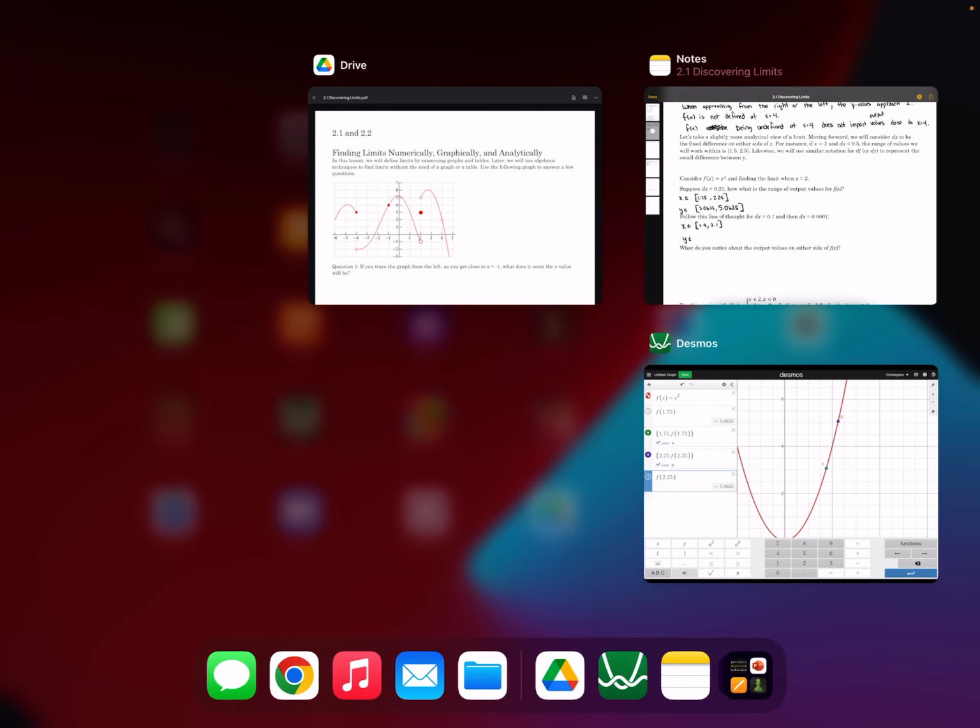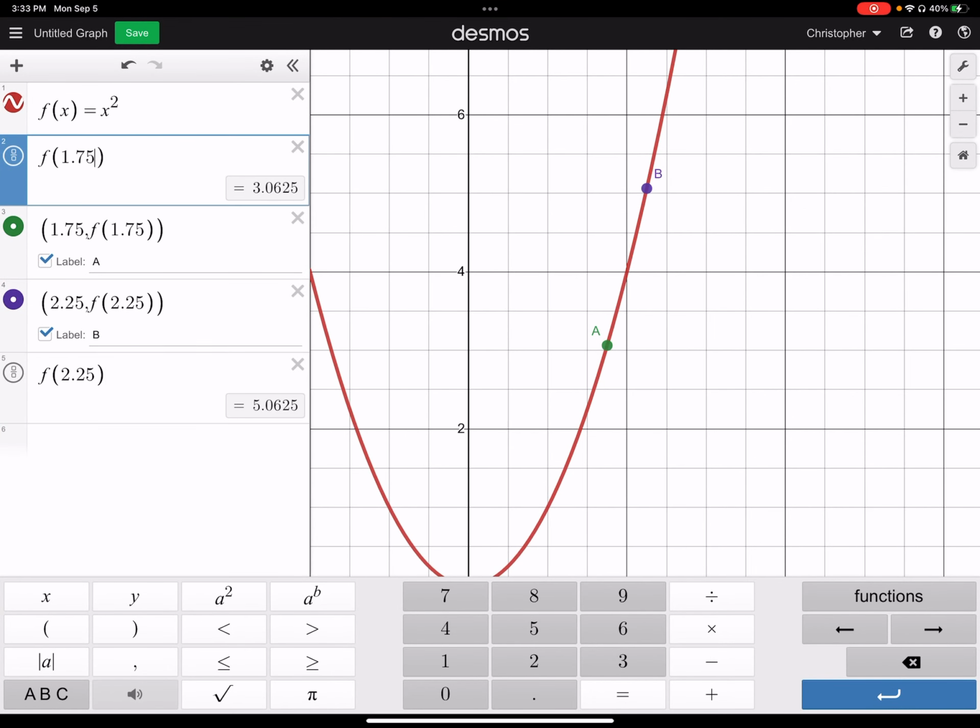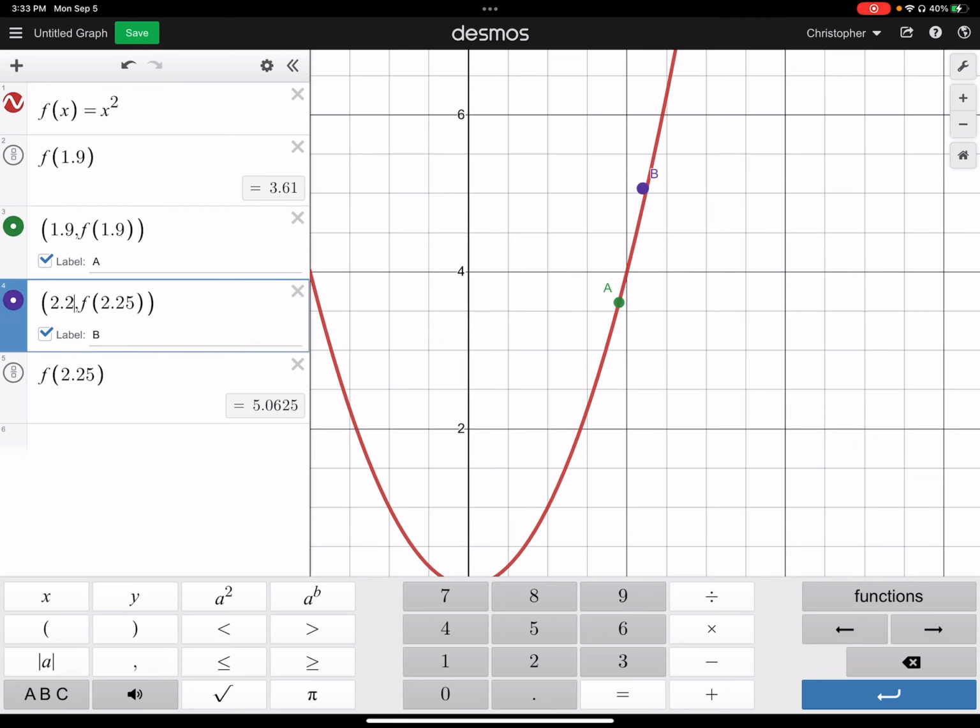So let's go back over here and check this again. Instead of 1.75, we'll change that to f of 1.9, and instead of 2.25, we'll make that 2.1 and f of 2.1.